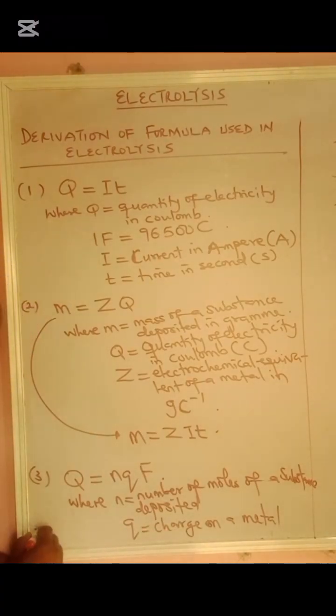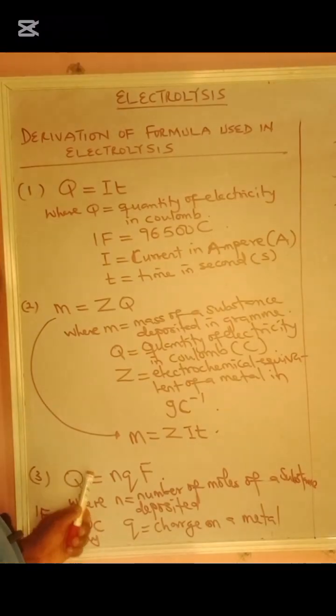F is equals to Faraday, which is 96,500. You still remember 96,500 coulomb. That is what 1F is equivalent to. So for Faraday, this formula is very, very important.